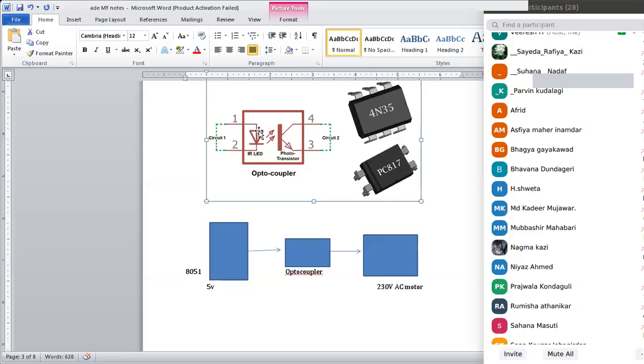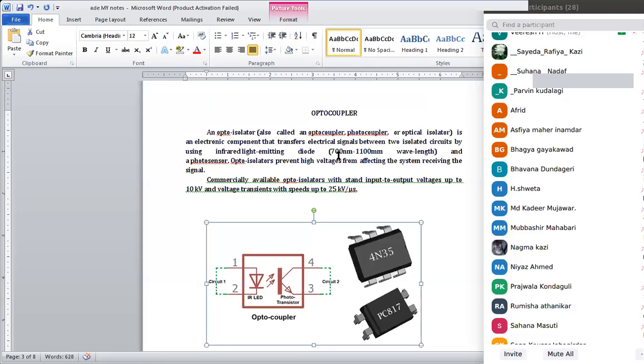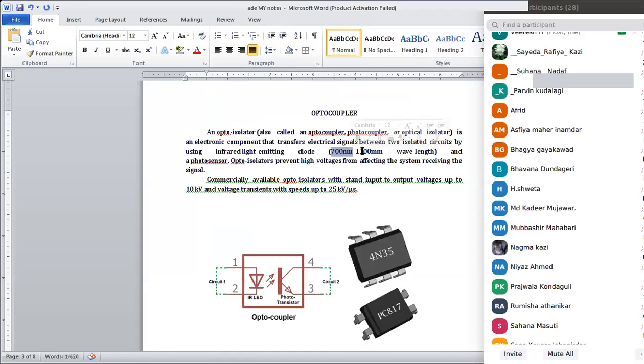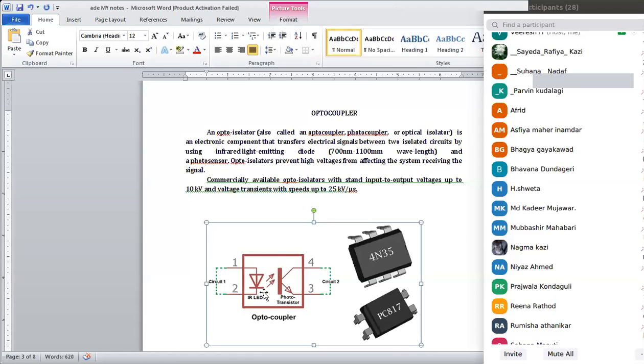Whenever current flows through this IR LED, it generates a light signal, in the form of 700 nanometer to 1100 nanometer wavelength, which is invisible, like a ray. This is the range of wavelength that this IR LED generates.